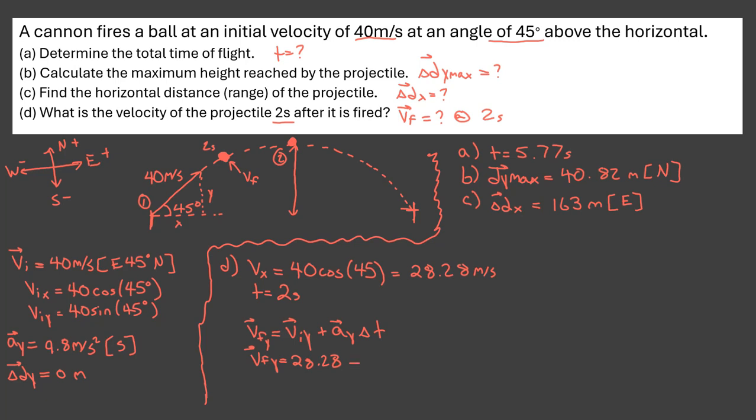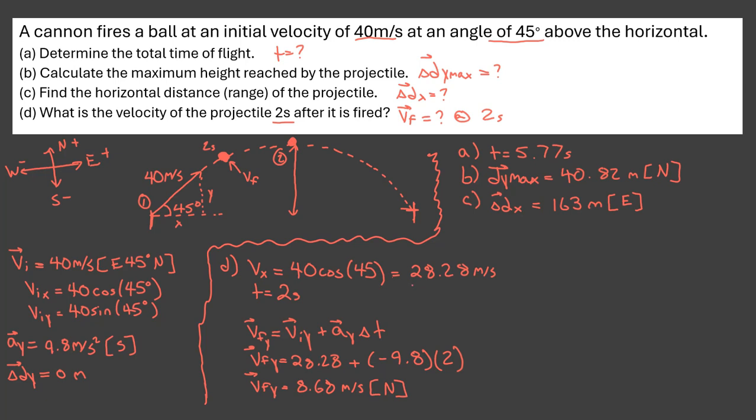So 28.28 plus my acceleration, which is negative 9.8, times my time, which I've given at 2 seconds, where I want to evaluate that. And when I punch that in my calculator, I'm going to get a final velocity in my y at that 2 second point of approximately 8.68 meters per second, and it's positive, so it'll be in the northwards direction.